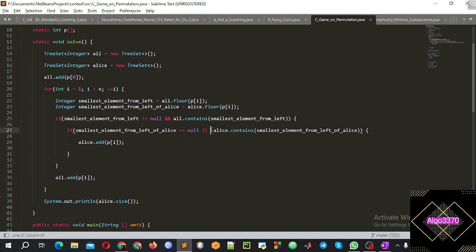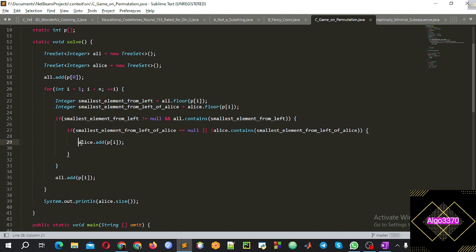Or if some position is stored, then we need to check whether that position is contained in the Alice list or not, or in the leftmost winning position or not.